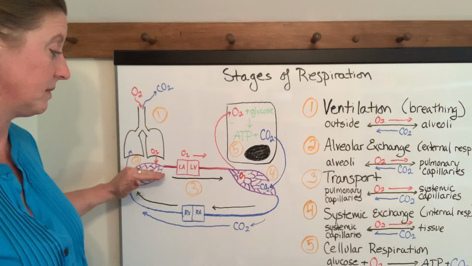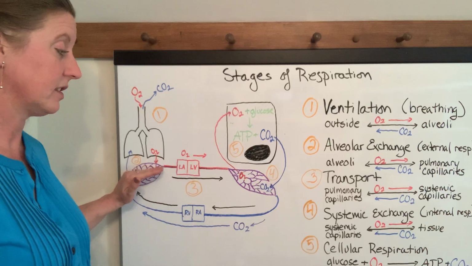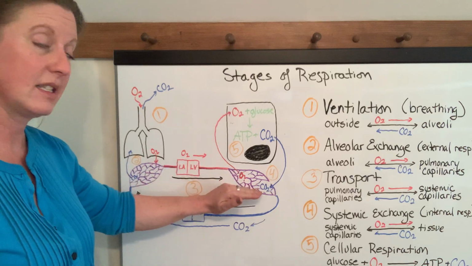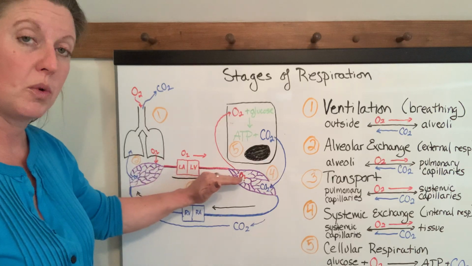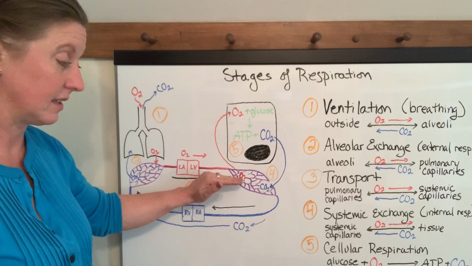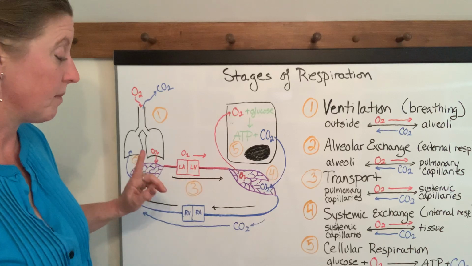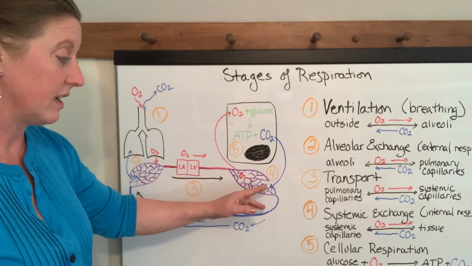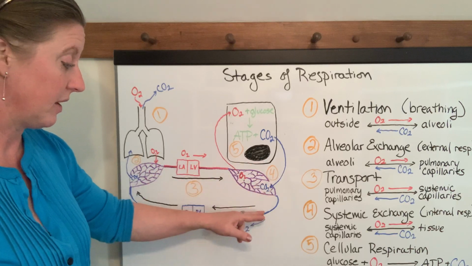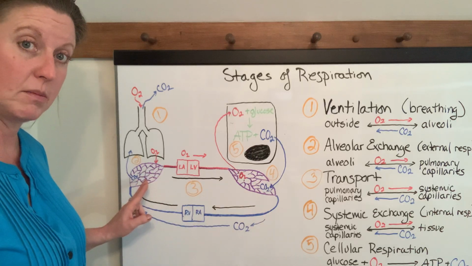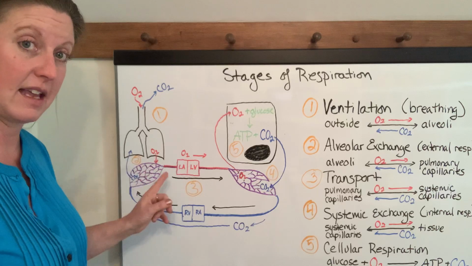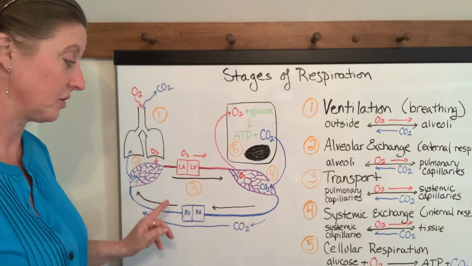So oxygen comes in, and now oxygen has to be carried to the systemic capillaries. This process is called transport and involves the circulatory system. Carbon dioxide is in the systemic capillaries and has to be transported to the pulmonary capillaries. So again, moving in opposite directions, and in this case, using opposite structures.